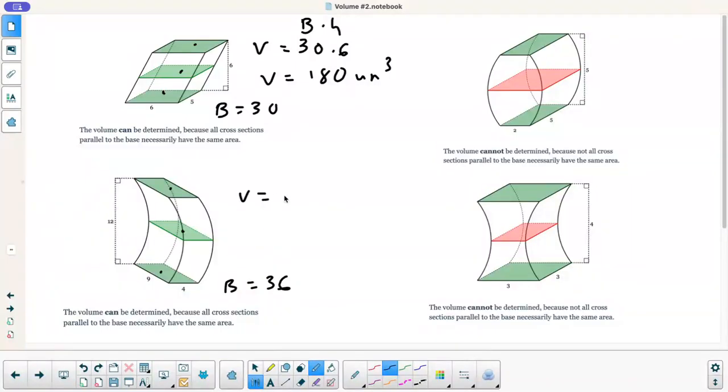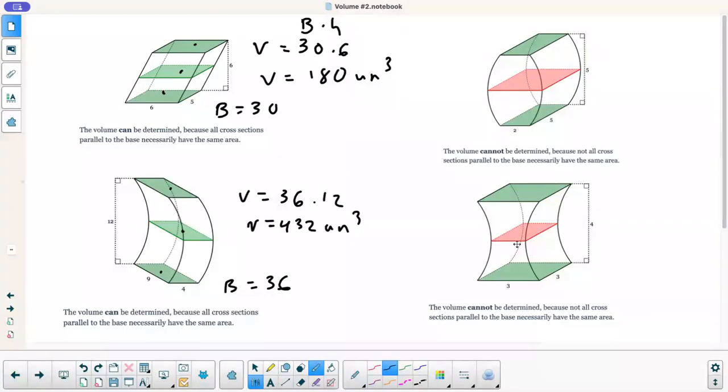So your volume equals 36 times 12, which would give you 432 units cubed. Let me just erase that.